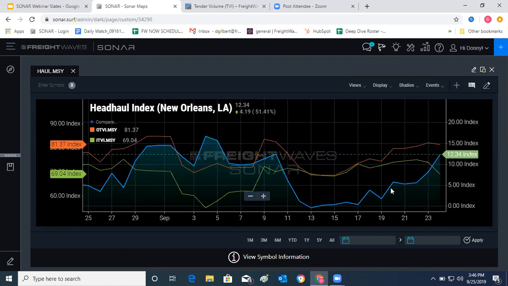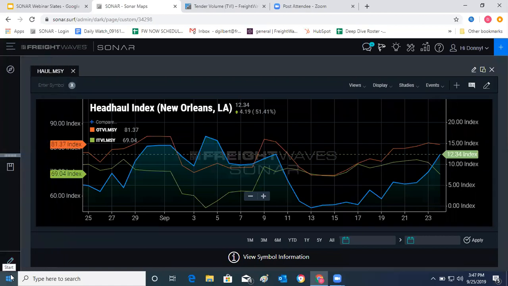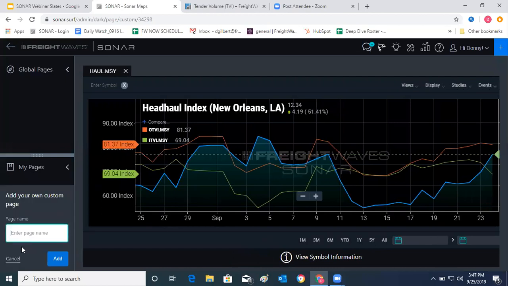We can also look at the Headhaul Index on a map, US map, just like we were using before. I'm going to go ahead and build another page, and I'm going to name it US Maps. I'm going to add another page.